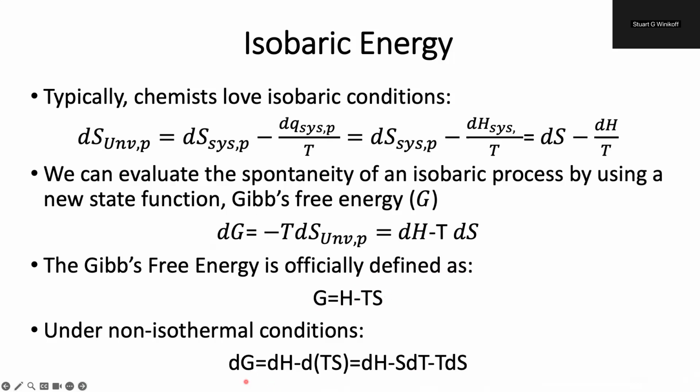So on the left, this is easy. The change in Gibbs free energy is going to be related to the change in enthalpy. But it's also going to be related to the change in TS. Now, if I use my product rule, this is going to be the change in the entropy times the change in temperature minus the change in temperature times the change in entropy.